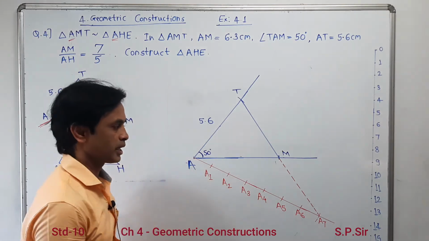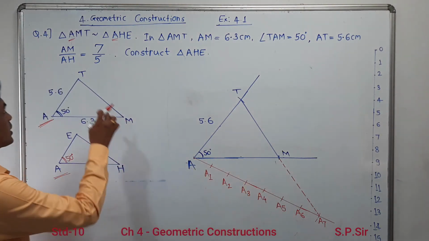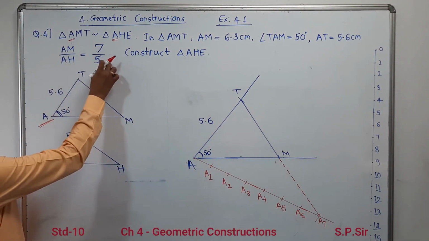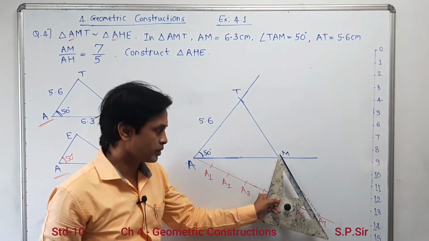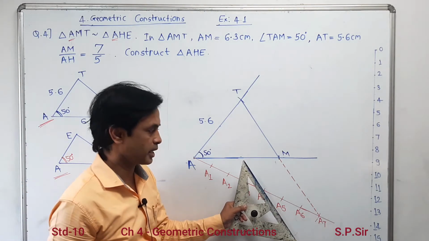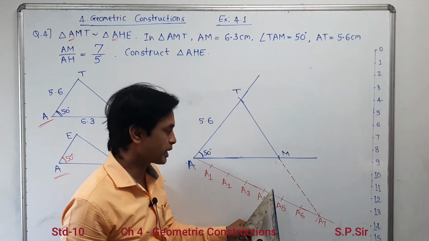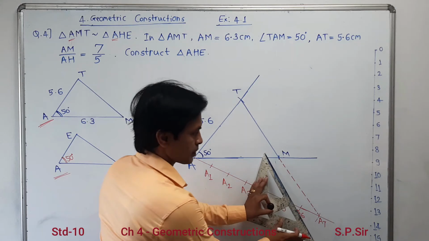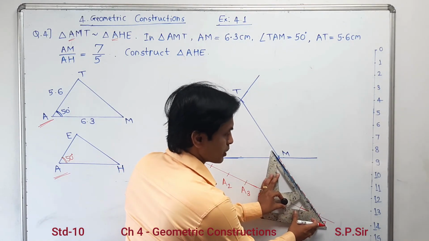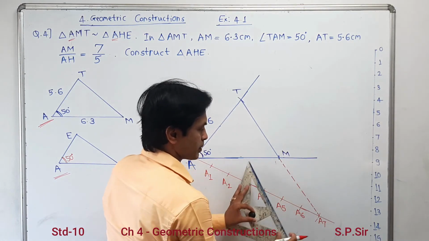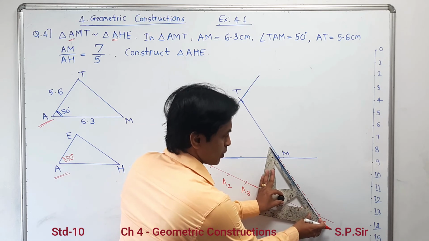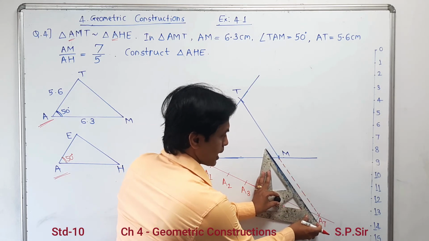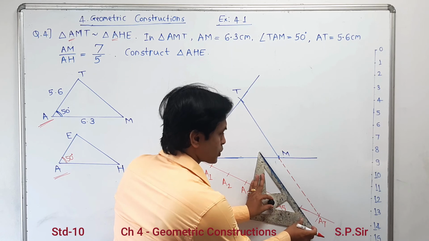Now, if AM is 7, then AH is 5. That means in reverse order, you have to come inside. If you need help, you can mark the 6th and 5th positions in a reverse manner. What does it mean? As you are able to get the 7th position from here, M to A7, keep your scale over here parallel to this line, drag it backward, and take the position of the 6th also.